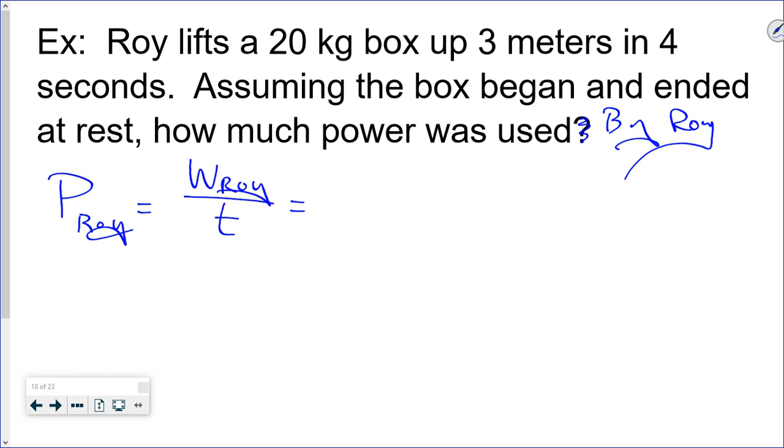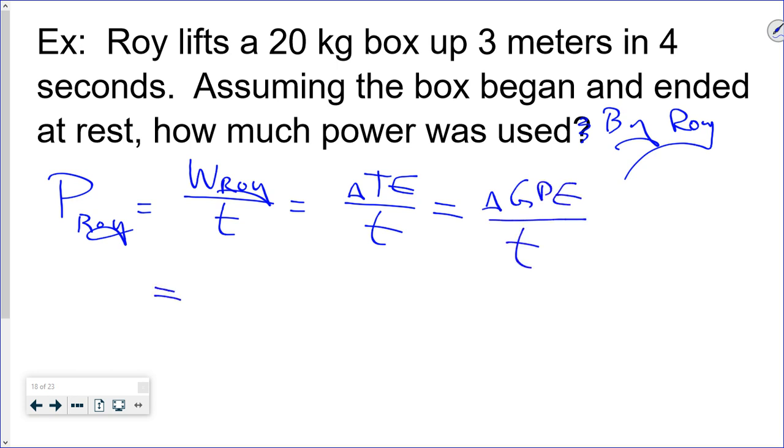Okay? Well, Roy is a non-conservative force, so the work he does contributes to a change in total energy in some amount of time. What type of energy is he giving the box? He's giving it GPE. How much GPE? Well, that's mgh. The mass of the box is 20 kilograms, 9.8 meters per second squared, mg times h.